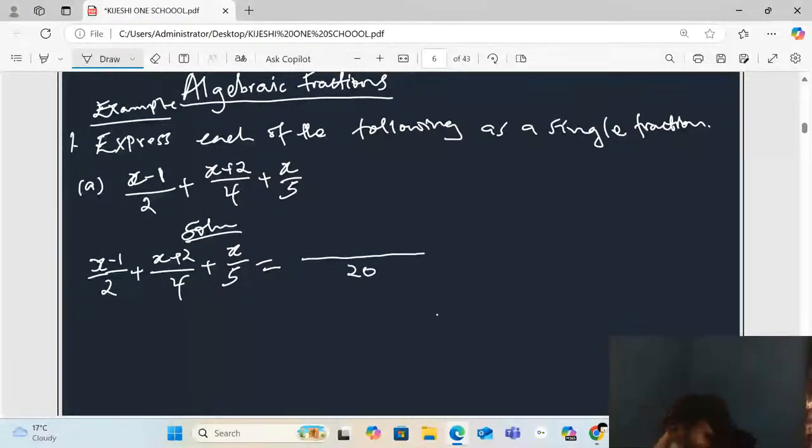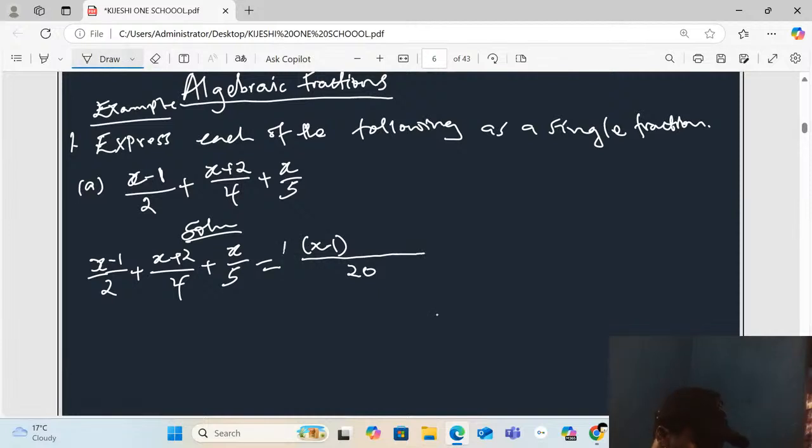Now, 2 into 20, that is 10 times, not 5, that is 10 times.